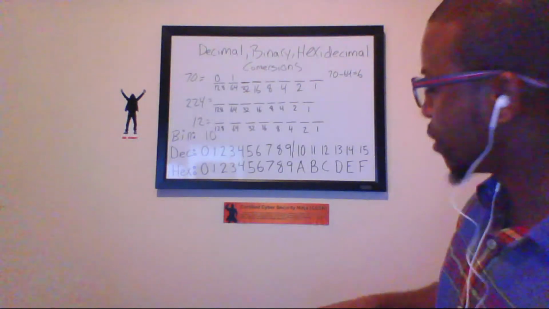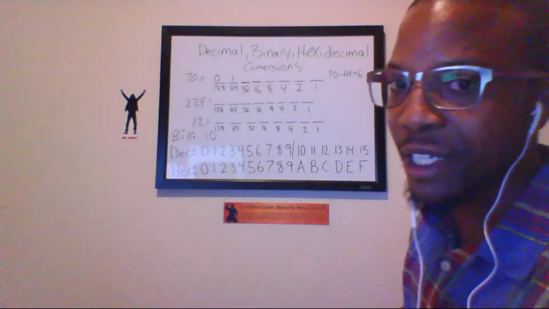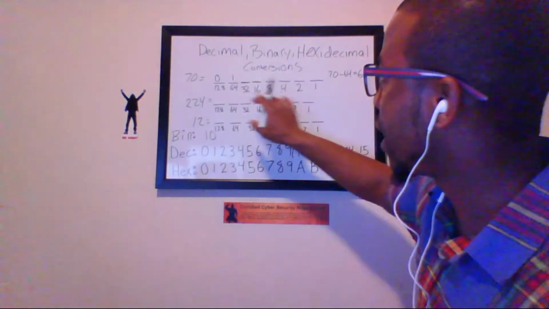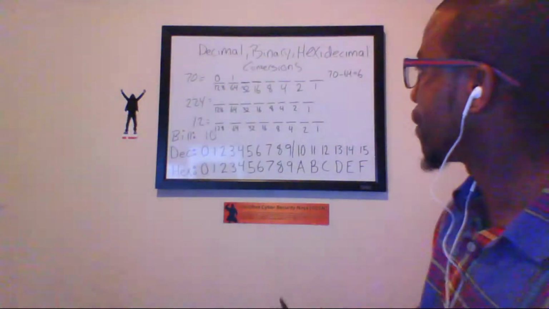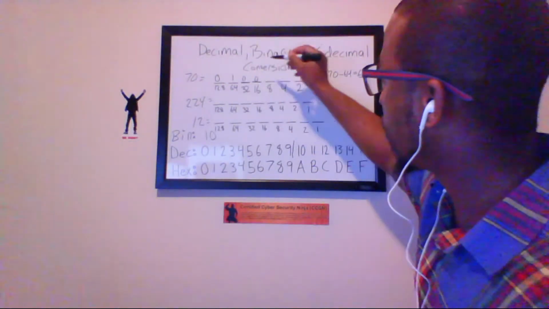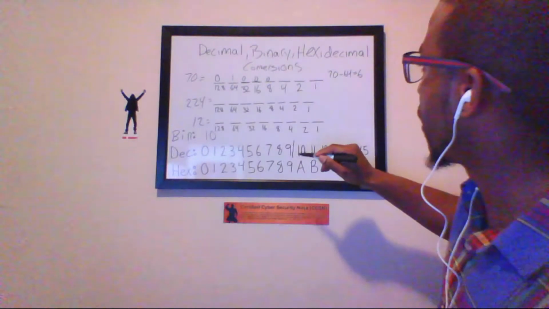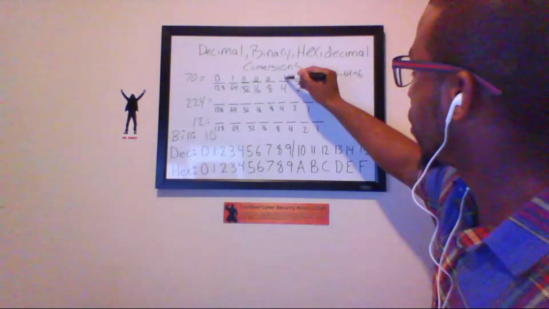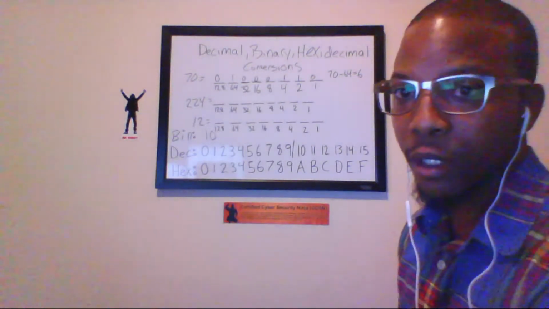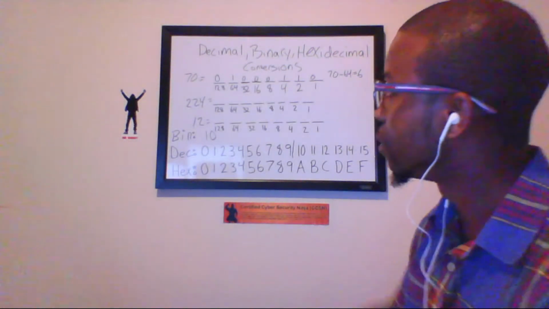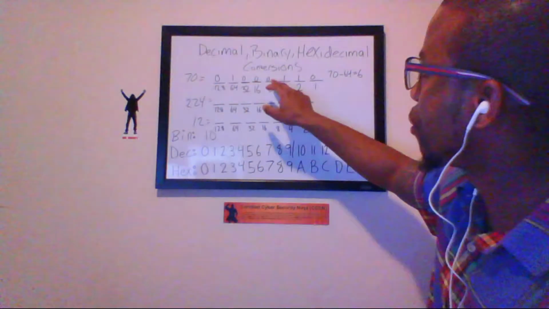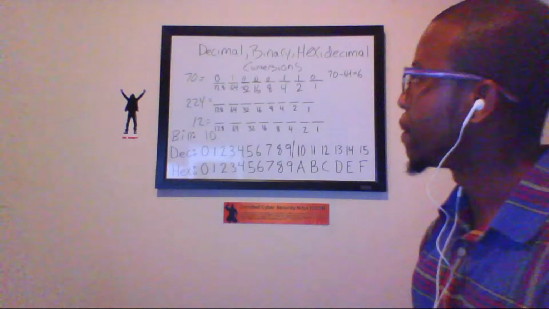So this 6 means that we only need 6 more in bits to equal the decimal number 70. So 0, 0, 0, 4 and 2 and 0. It's so simple. 70 in decimal is 0, 1, 0, 0, 0, 1, 1, 0. Let's go to the next one.